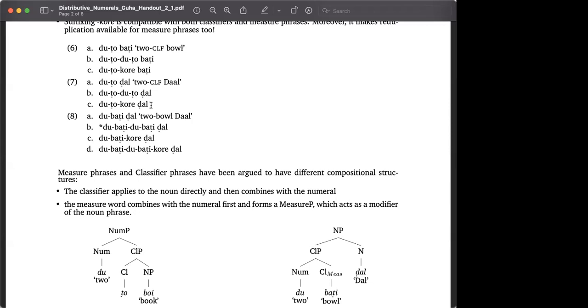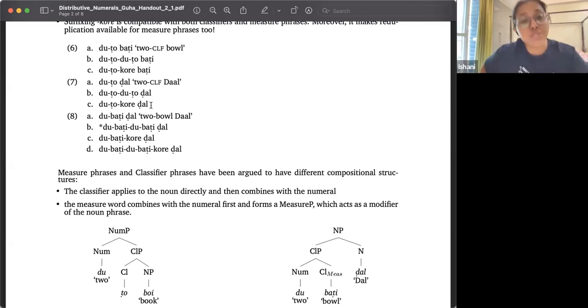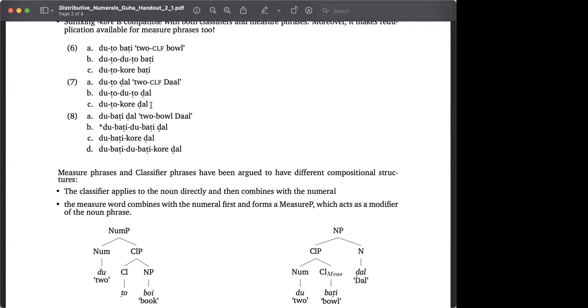I don't know whether it has a distributive meaning at all. So can you do do bati karke, meaning whatever the measure phrase then karke? This is something that I would really like to know. What does Hindi chawal do, but that is not distributive at all.